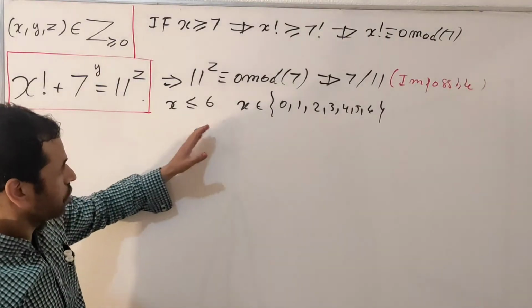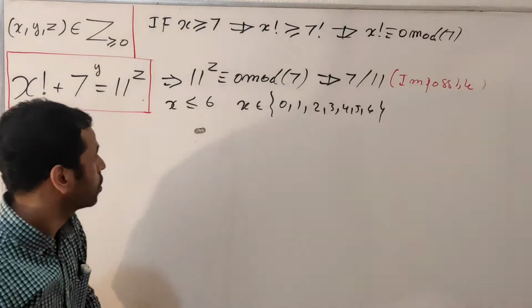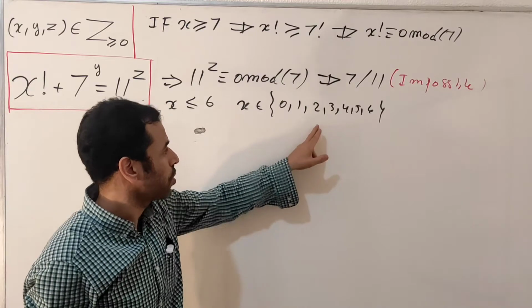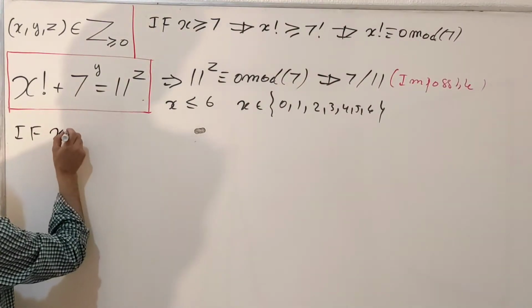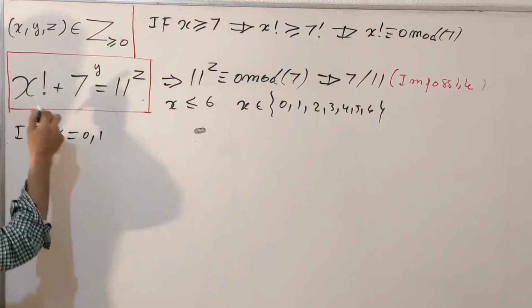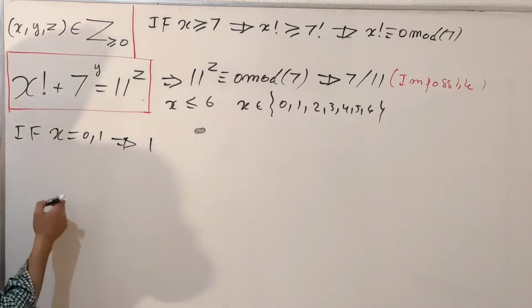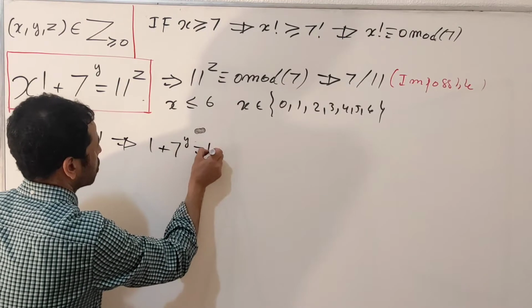Now we have half of the answer: we know x is in this set. Now we go through each case. If x equals 0 or 1, inserting 0 or 1 in this equation, 0 factorial or 1 factorial is 1, so 1 plus 7 to the y equals 11 to the z.